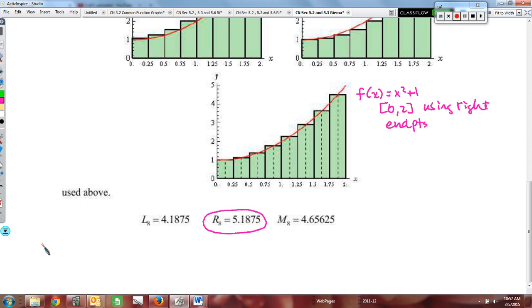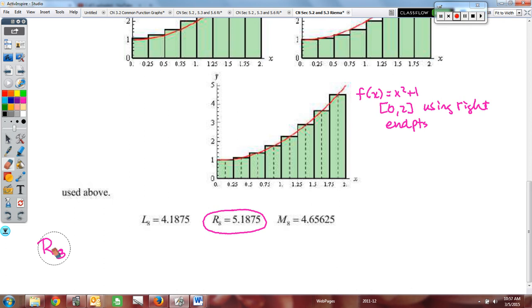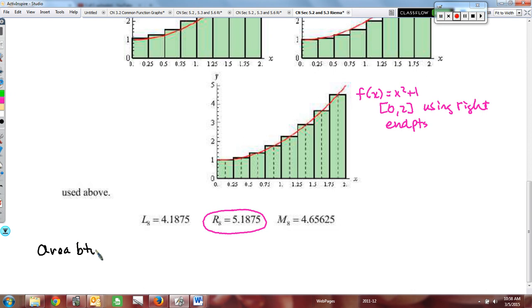Here's what you would show as far as your work. Technically, we would start by labeling what we're finding. So I would say that the area between f of x equals x squared plus 1 and the x-axis on the interval 0 to 2 is approximately found by doing R8.